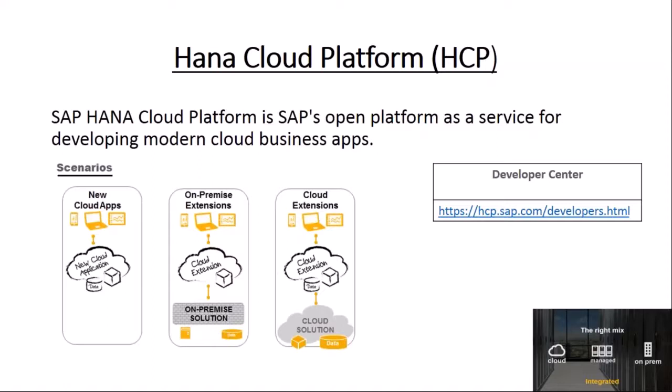Okay, so these are the three things which are there in the market: SaaS, PaaS, and IaaS, infrastructure as a service. We are dealing with PaaS, platform as a service, and your HANA Cloud Integration is your software as a service. In PaaS, you can create your own applications: your cloud application, which would directly reside on your cloud, and your on-premises extensions, which are applications you can create on UI5, taking data from your on-premises system, let's say ECC.